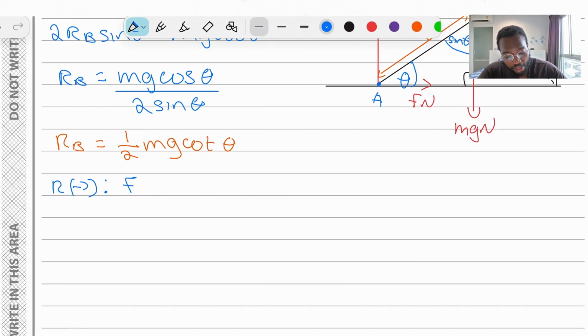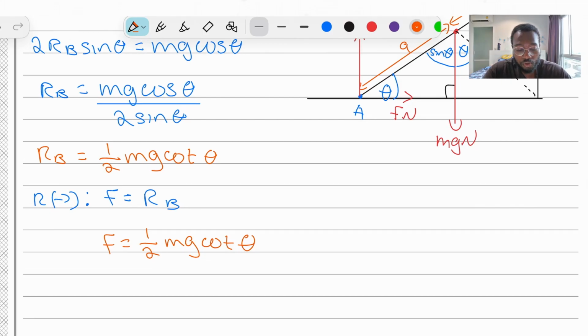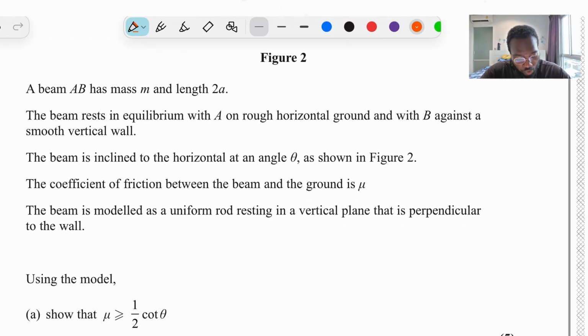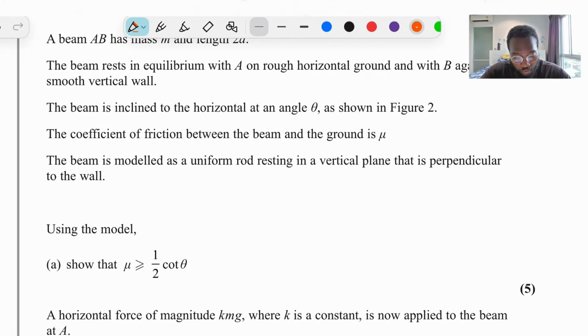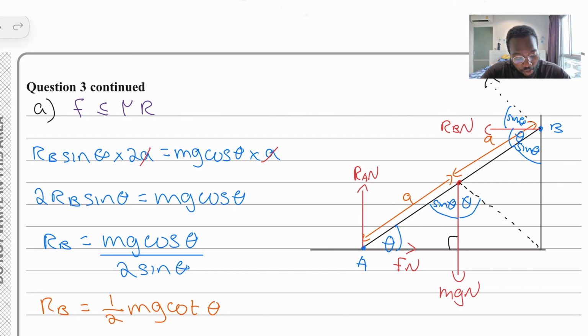So therefore, F is equal to RB, therefore F is also a half mg cot theta. And now we've done that, well, in our question, if I scroll back, the question wants us to show that mu is equal to a half cot theta. So right now, we've worked out what our F value is. We now need to work out what our R value is, okay?